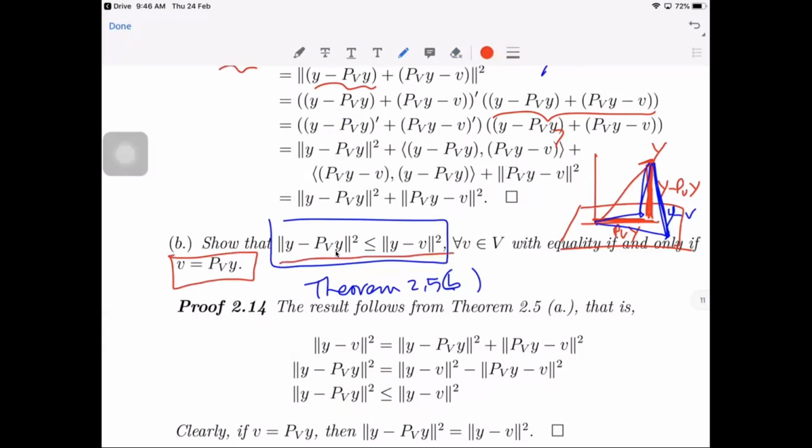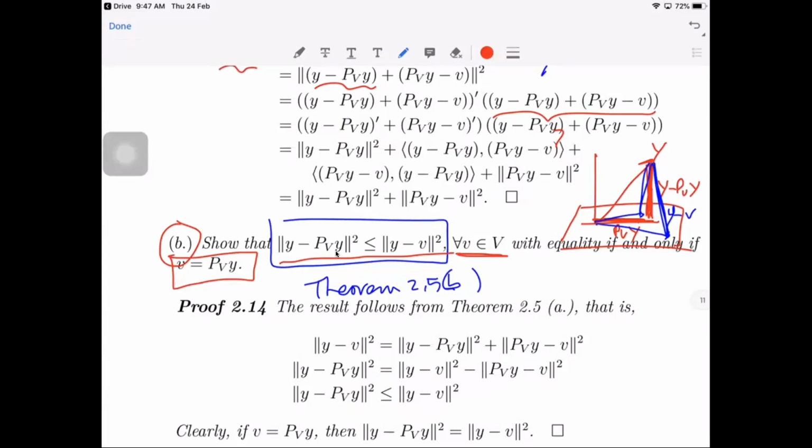So, una gani ipaprove na show that the projection of Y is the vector closest to Y. Ibig sabihin, mauni na proof ang gusto ipakita ninyo na the square norm difference of Y from the projection of Y unto V is always less than the square norm difference of Y and V for all V in your subspace V.